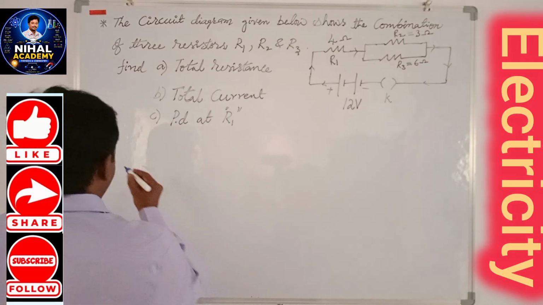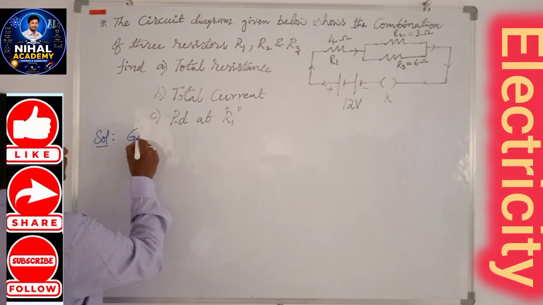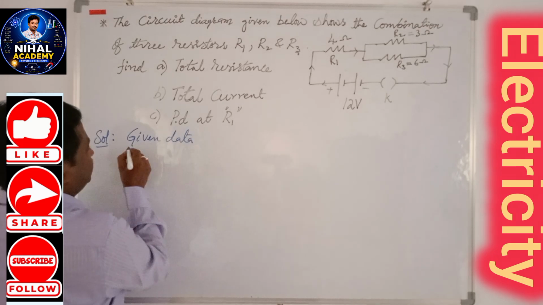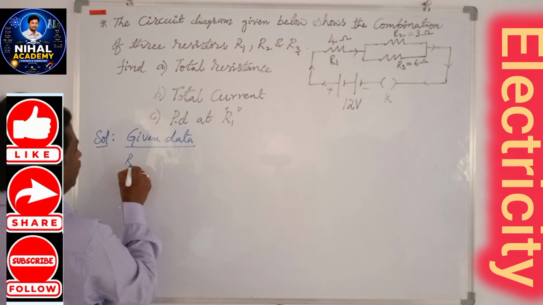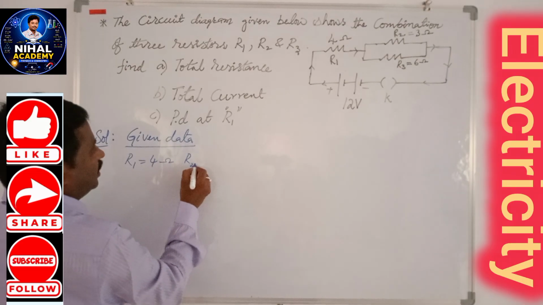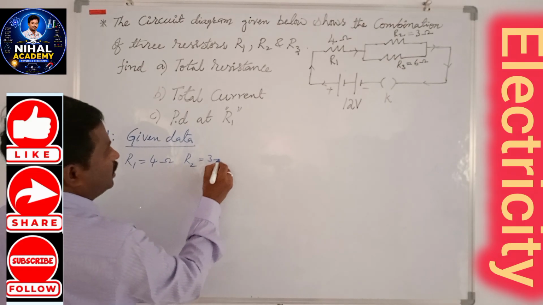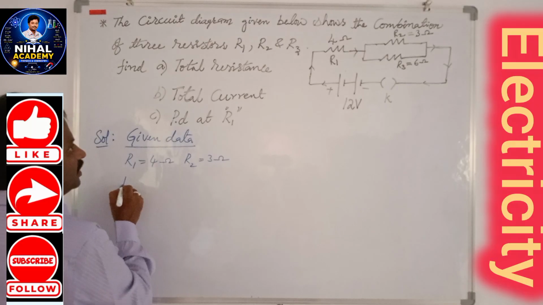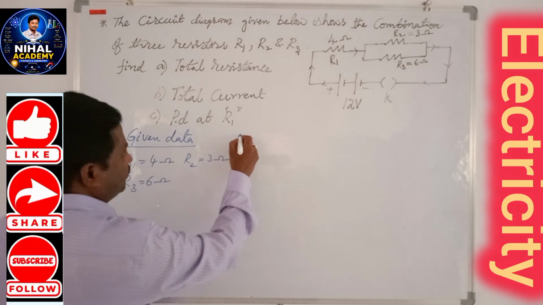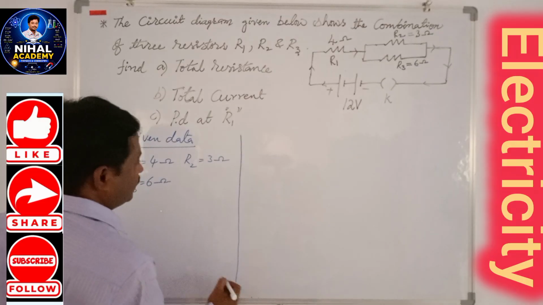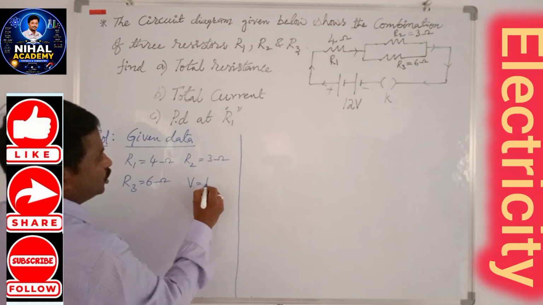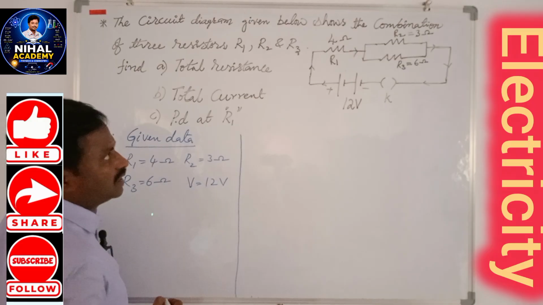So now the given data: R1 is equal to 4 ohm, R2 is equal to 3 ohm, R3 is equal to 6 ohm and V is equal to 12 volt.